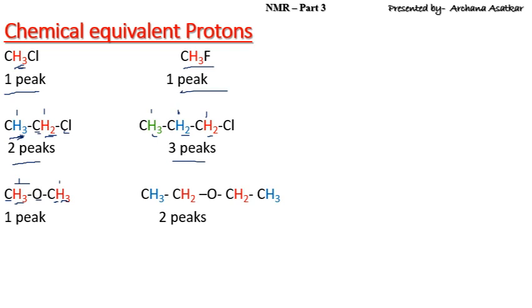So all 3 plus 3, 6 protons will collectively give one peak. So here you can observe one NMR signal. And the same as in the case of diethyl ether, these two protons are similar in nature, so these 2 plus 2 protons will give one signal, and the 3 plus 3, 6 protons will collectively give one signal. So in total we will get two NMR signals for these 10 protons.